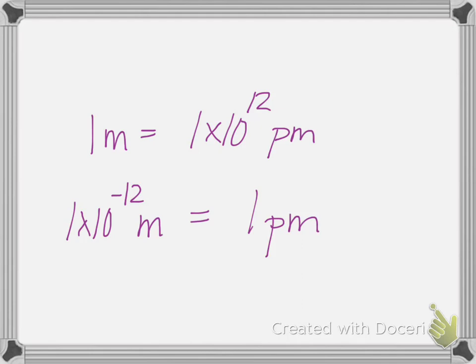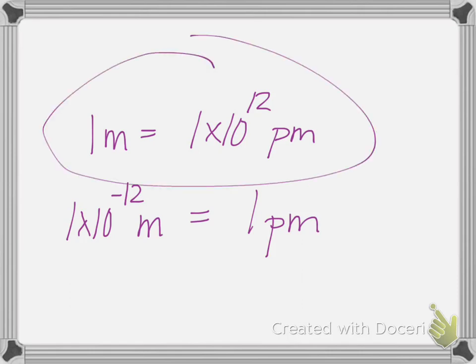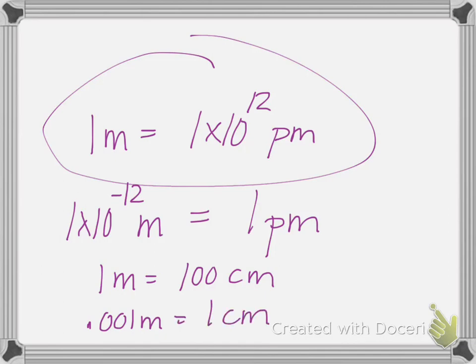Do you understand that that's inherently the same thing? Personally, I think this is easier to remember. I like to keep the 1 with the base unit, not with the things that are smaller than the base unit. Same thing when we talked about centimeters. We can say that 1 meter is equal to 100 centimeters, or we can say 0.01 meters is equal to 1 centimeter.